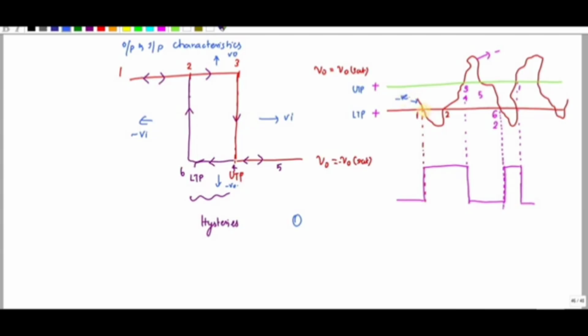Here you can see at point 1, this is at LTP. What is the V0 value at point 1? V0 is equal to V0 saturation.